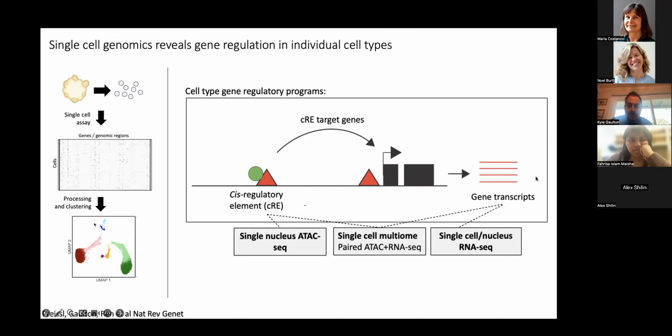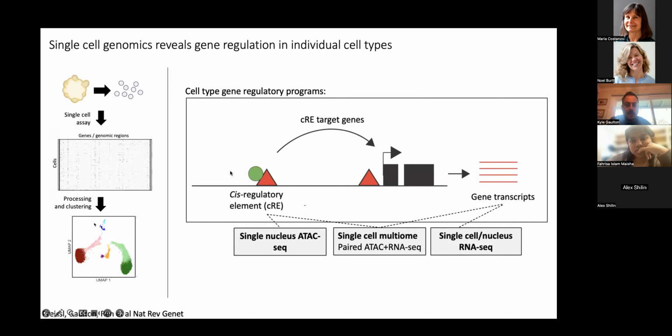So we have gene expression data, right? So the expression level of genes within a cell type, which can be profiled using single cell RNA-seq or single nucleus RNA-seq. And then commonly as well, people do assays to derive the location of cis-regulatory elements, which are regions that are driving the expression of genes in cell types.